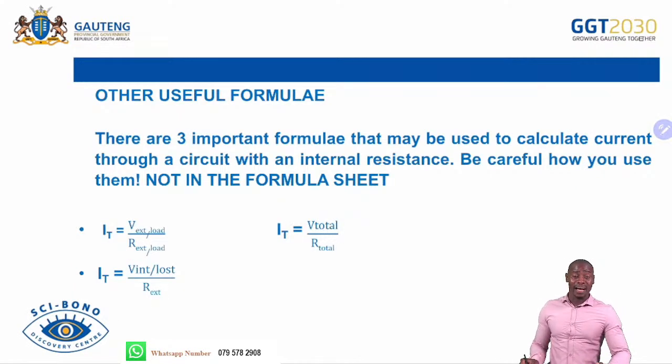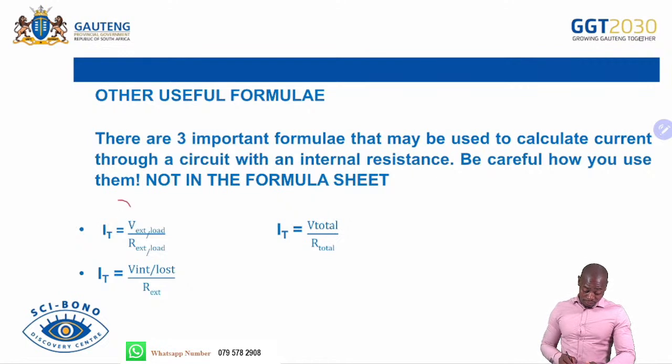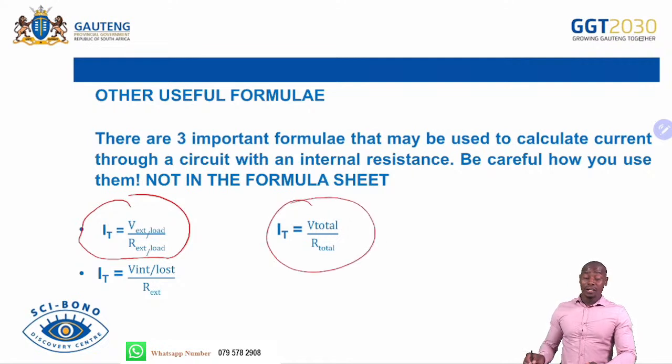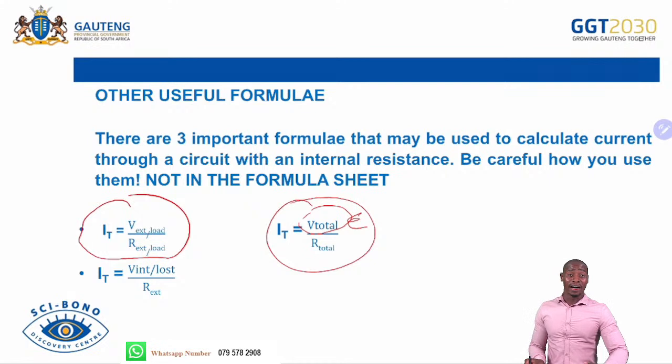Then these are other equations that are very important when it comes to your electric circuits. This is one of the equations we can use to calculate the total current in a circuit, which is V external, the external potential difference, divided by external resistance, or R load. Another equation: I total equals V total, which is the EMF, over R total.